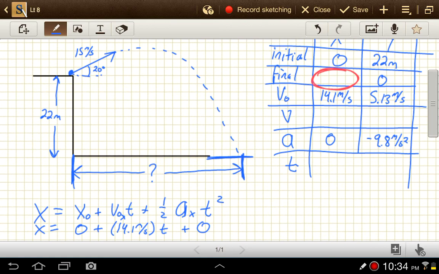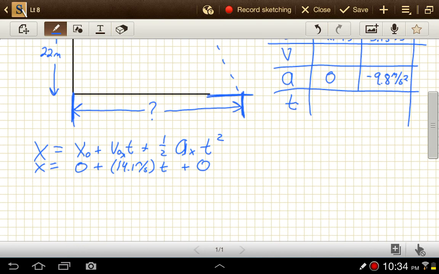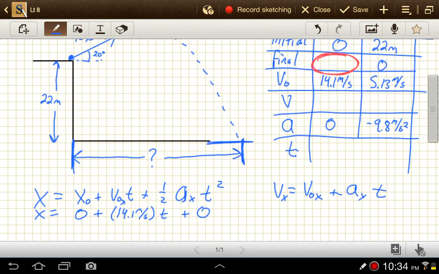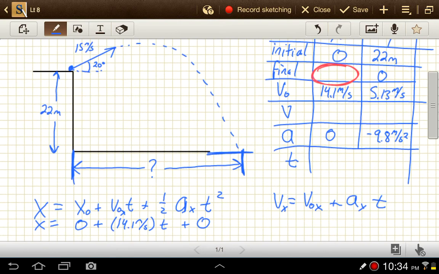You might try something really clever and use the equation vx equals v naught x plus acceleration in the x times time. We know the final velocity in the x would be the same, 14.1 meters per second, because it's not accelerating.